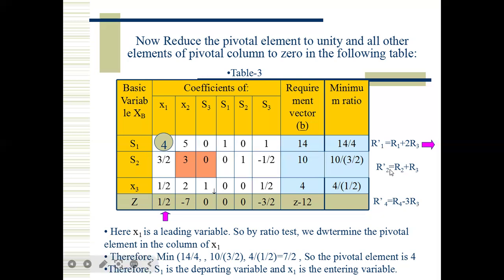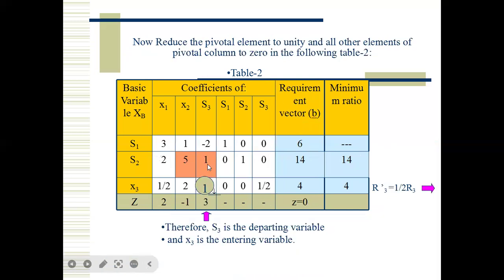The reduced row will be the second row plus the third row from the previous one. That means just adding, and thrice will be subtracting.